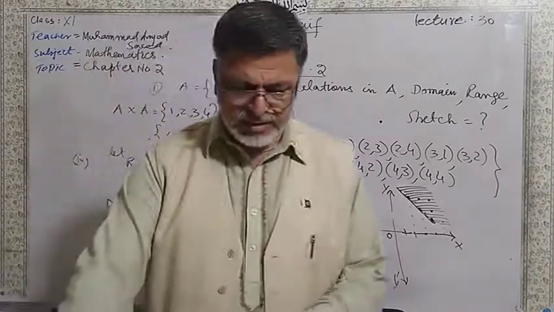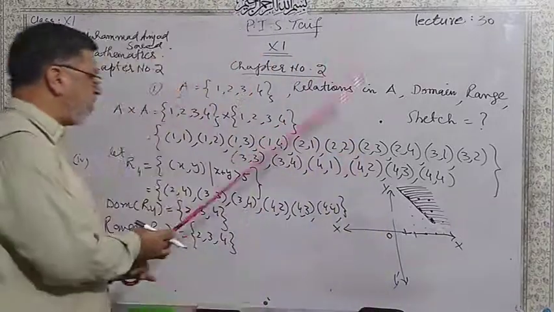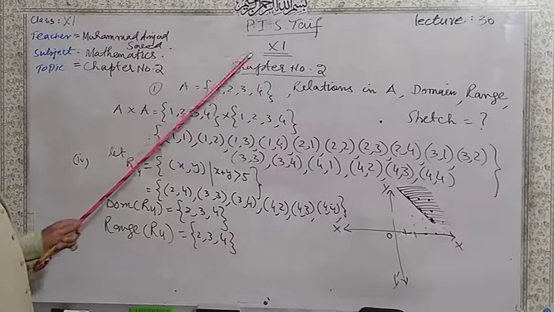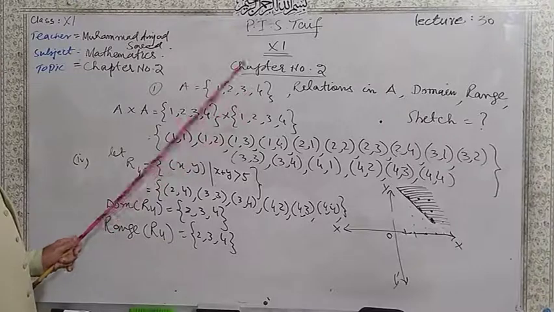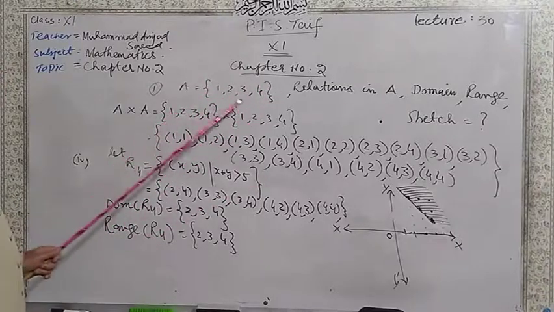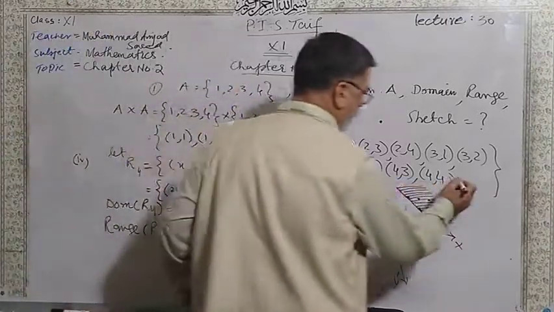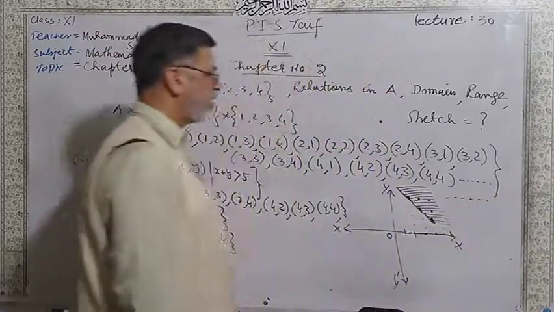After that, question number 2, you can repeat this simply, but in case of A, there are an infinite number of members, 1, 2, 3, 4 and so on. You will take A cross A and the members will not stop anywhere.